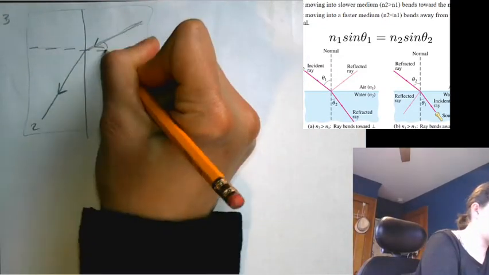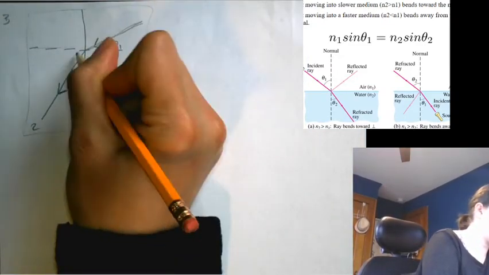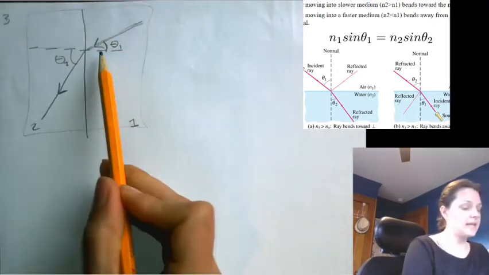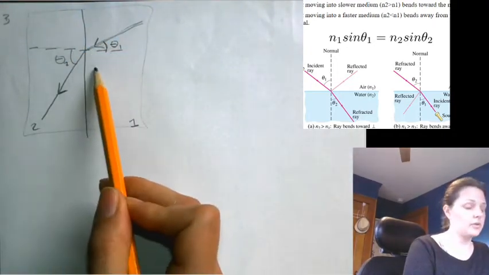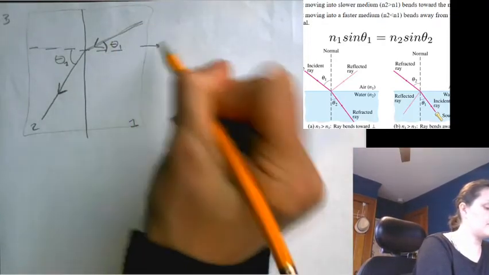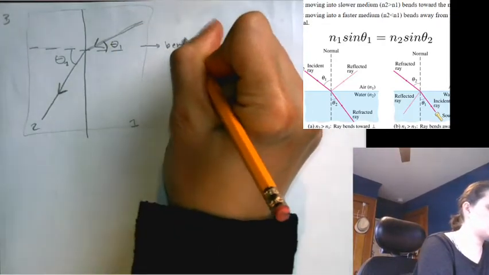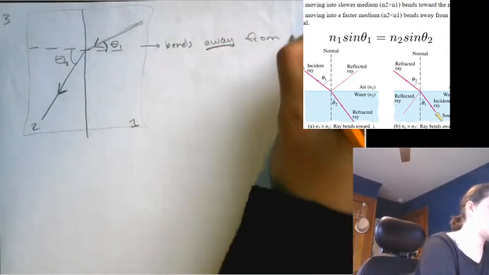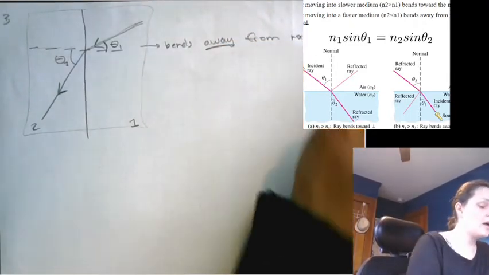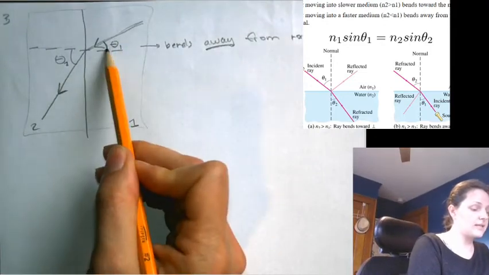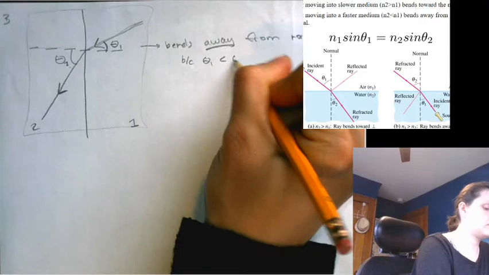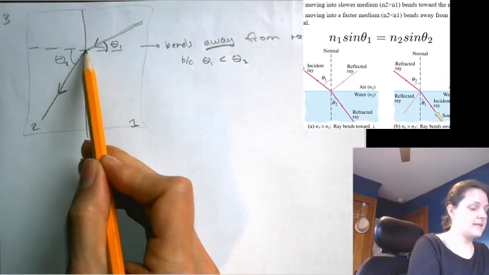So this angle here must be theta 1, and this angle here must be theta 2. Okay, so bending toward or away from the normal. This is an example of something that bends away from the normal. Theta 1 is smaller than theta 2. So it has bent away from the normal.